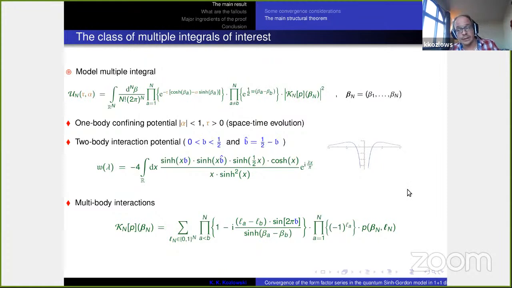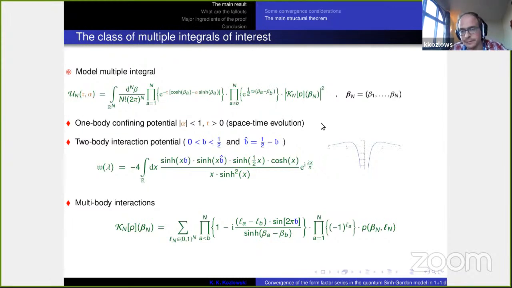The typical shape is the same when b runs between 0 and a half. And the features of the two-body interaction potential are that it goes to 0 at infinity, and close to 0 it goes like the logarithm of its argument to minus infinity. Which means that e to the half w of beta a minus beta b has a zero of order 2 at beta a going to beta b.